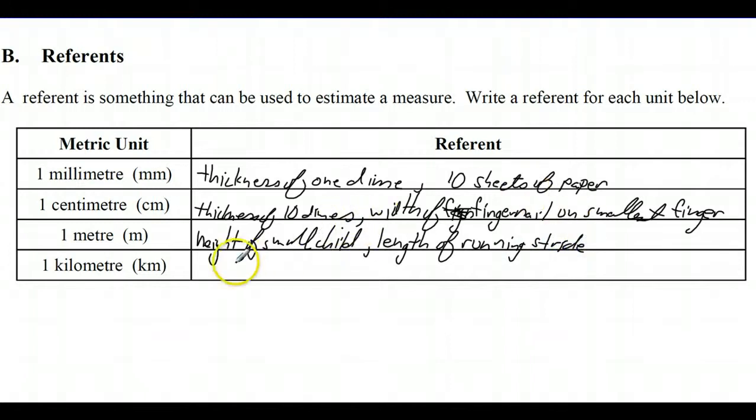A kilometer is about 7 football fields. Look at the football field that we have and imagine 7 of them, that's a kilometer, or the distance you can walk in about 10 minutes.